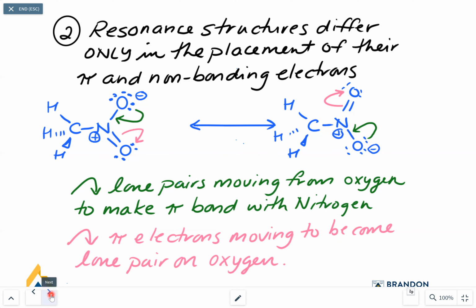So rule number 1, basically, what we are drawing aren't real. The true structure is a hybrid of all of the resonance structures. Rule 2, we're only moving the pi electrons and the non-bonding electrons.